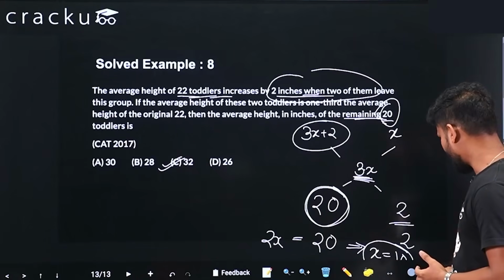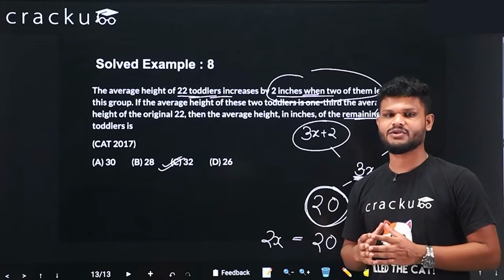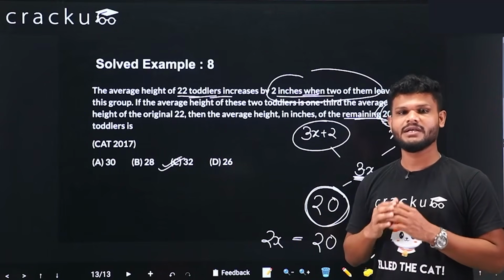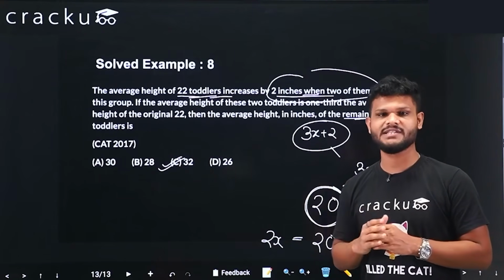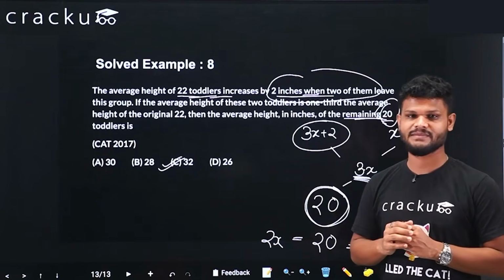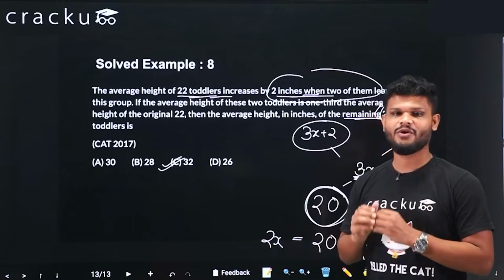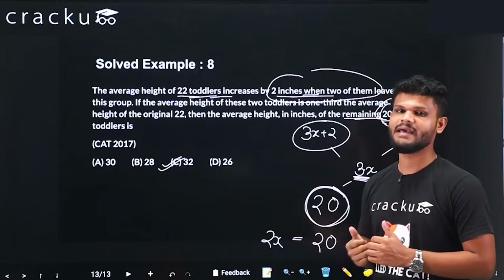If you remember these average concepts, and the shortcuts and elegant ways which I told, it will save your time by at least 2 to 3 minutes if there are 3-4 average-based questions. You can remember the heuristics, form very little equations or do very little algebra, and solve it in an elegant way.